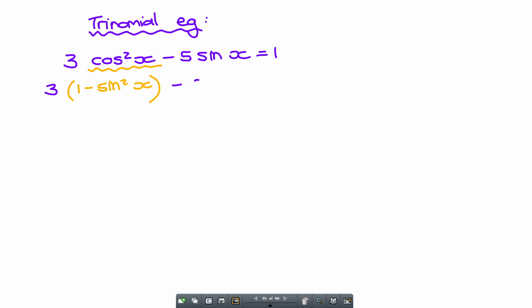Are you still with me? I want to change it. Let's take that 1 over as well, then it's minus 1 equal to 0. Okay, so let's multiply in. 3 times 1 will give me 3. 3 times that gives me minus 3 sin squared x. And then the rest is actually the same.